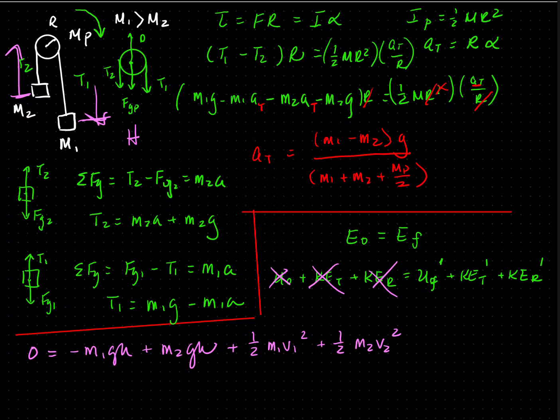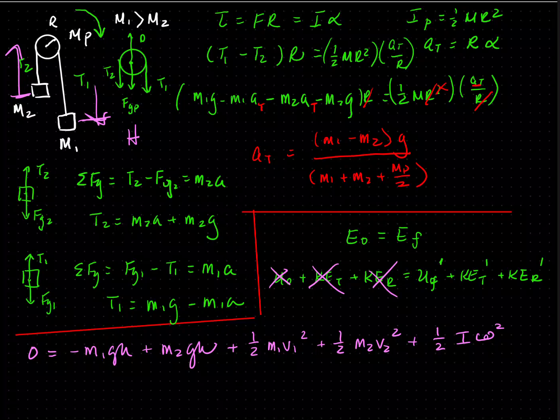The pulley will have no translational kinetic energy because it is not moving in the X, Y, or Z direction. M1 and M2 will have no rotational kinetic energy because they are not spinning. Only the pulley will have rotational kinetic energy, which is 1/2 I omega squared.